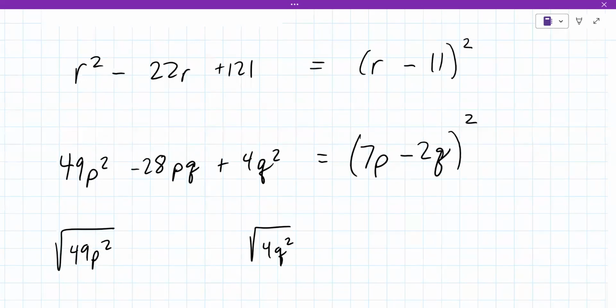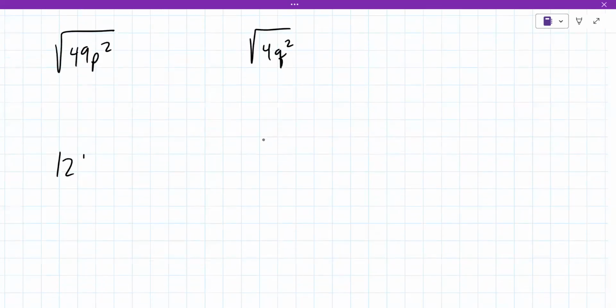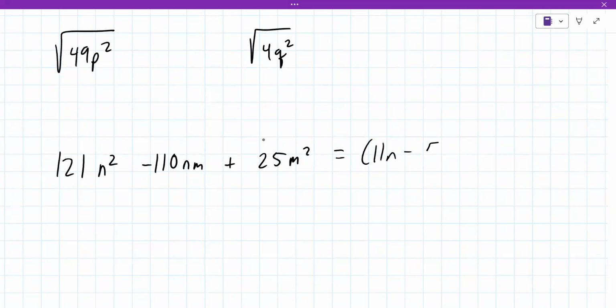Let's go 121n squared minus 110nm plus 25m squared. That would be (11n minus 5m) squared.